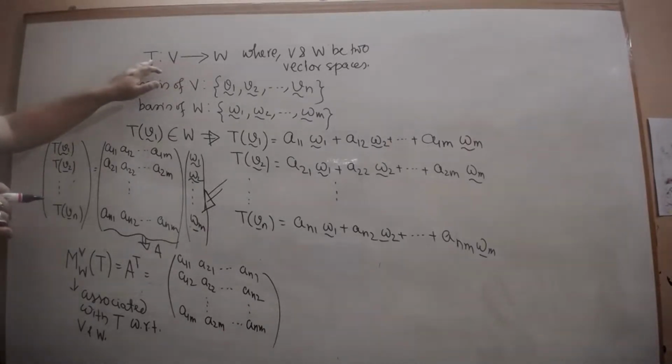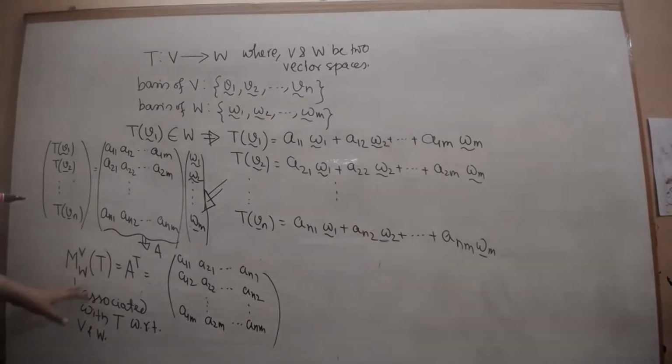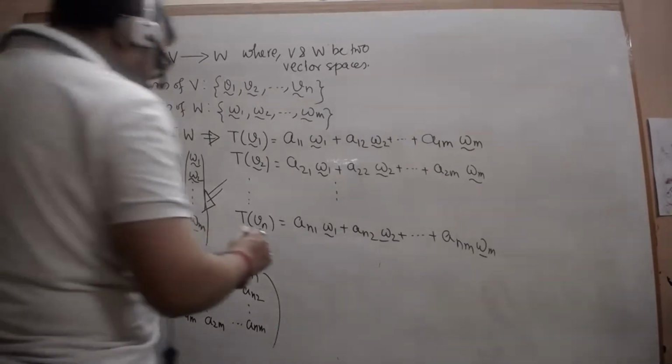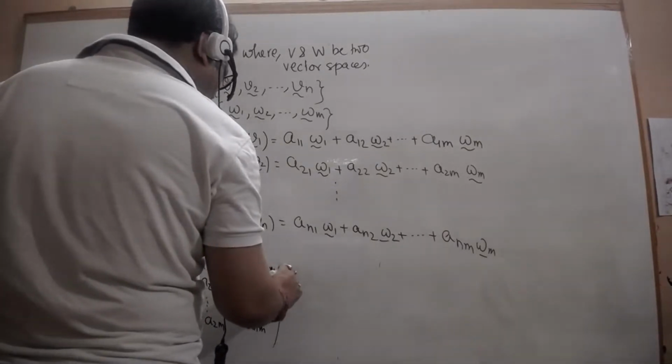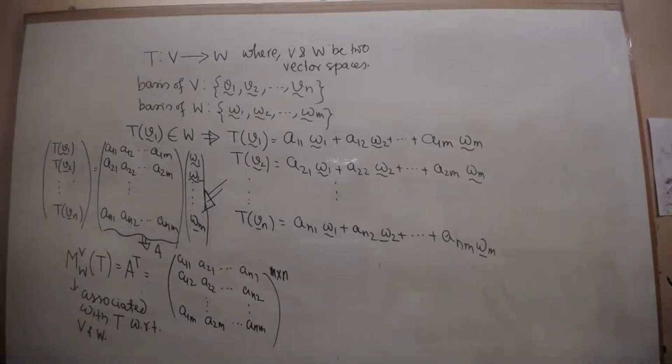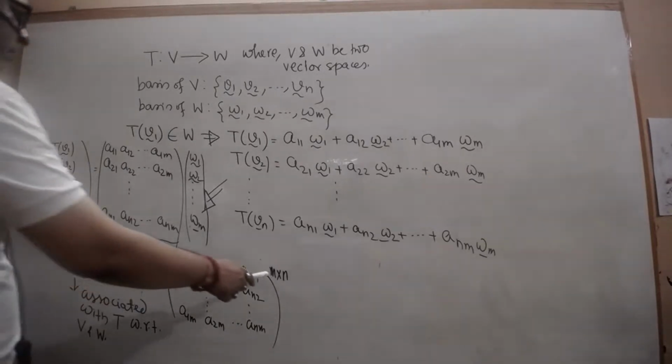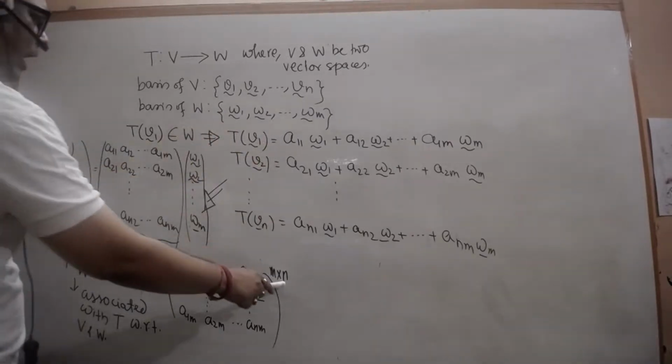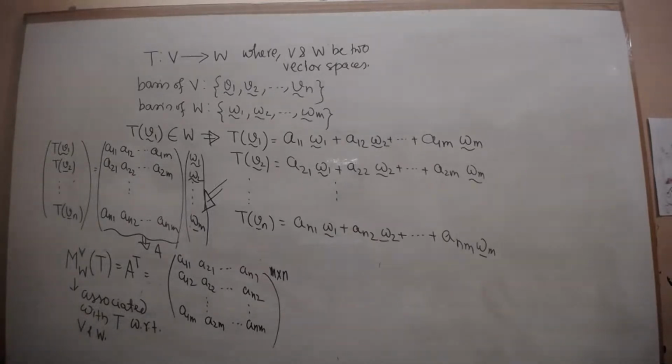Actually, this is the proper definition of a matrix. For every linear transformation from V to W there is a matrix, and the dimension of the matrix is m by n, where m is the dimension of W and n is the dimension of V. So I illustrate this through an example.